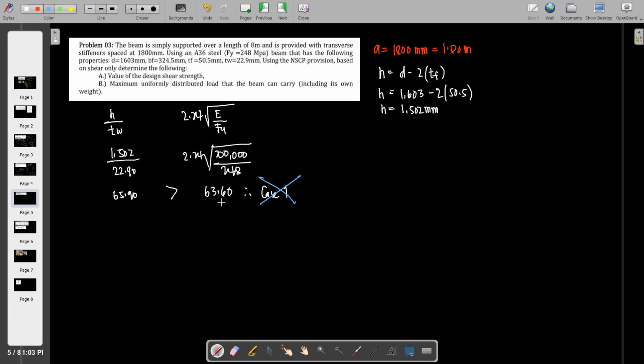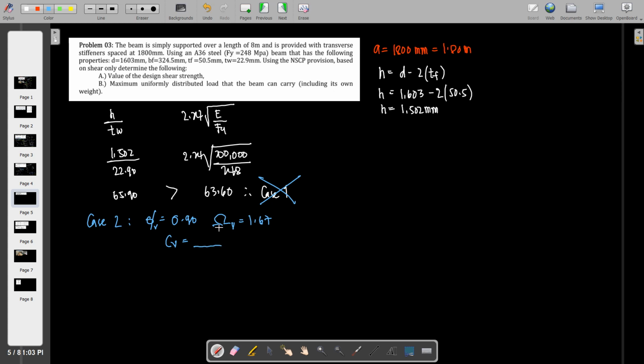So on case 2, we compute, by the way, pag case 2, our phi is 0.9, no? And kapag ASD, we have 1.67. Ang kakaiba lang dito, hindi fix yung CV natin, no? So CV is yet to be calculated. Okay?